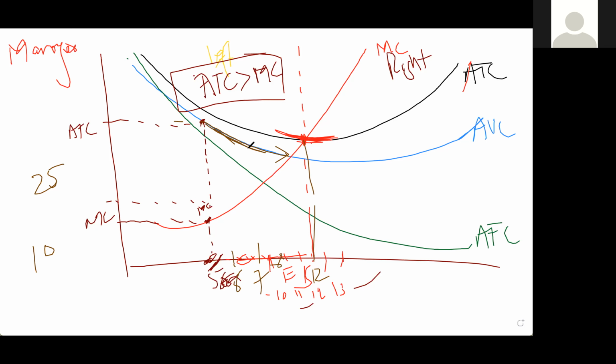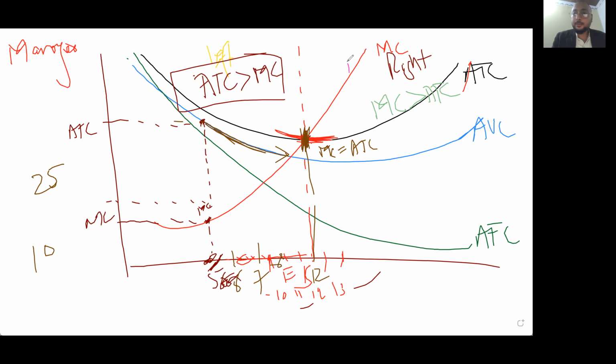Right? And now beyond the point where MC is equal to ATC, beyond this point, we have MC greater than ATC. For example, this point, let me mark it with pink.